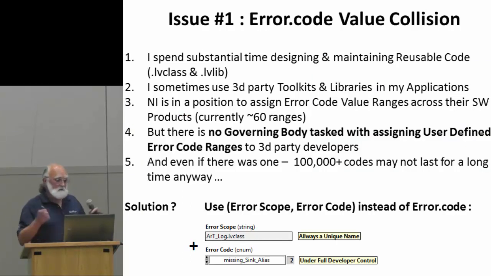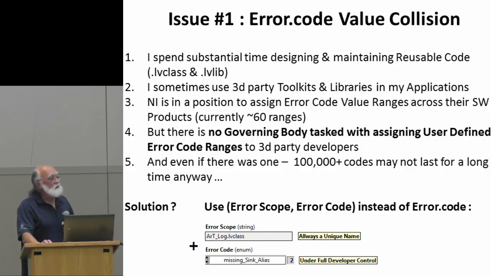Okay, so I'm done with the overview. Now the issues I have with LabVIEW clusters. First, I spend a lot of time designing reusable code and maintaining it. And sometimes I use third-party toolkits and libraries in my application. NI is in a position to manage the error ranges for their products, which is good.